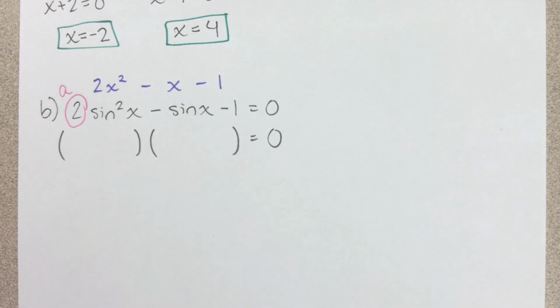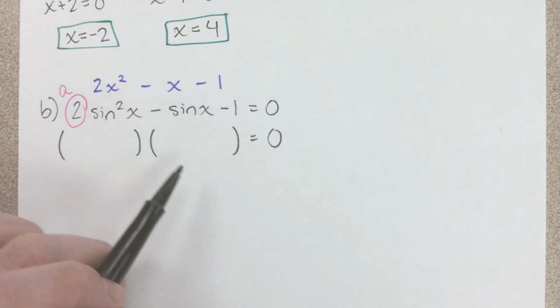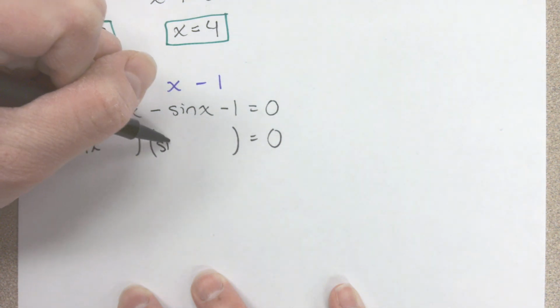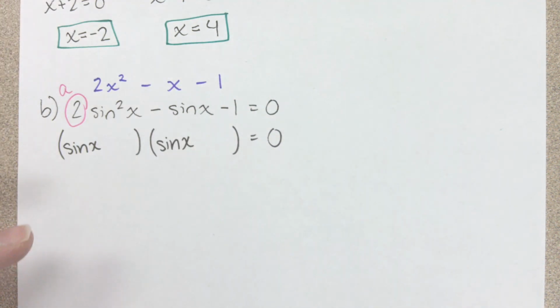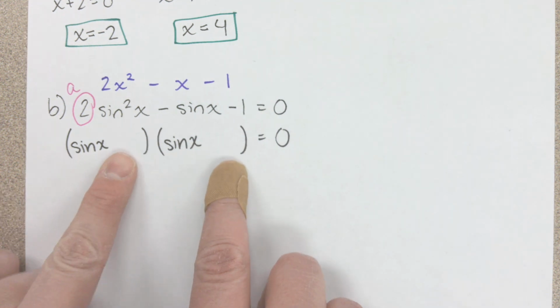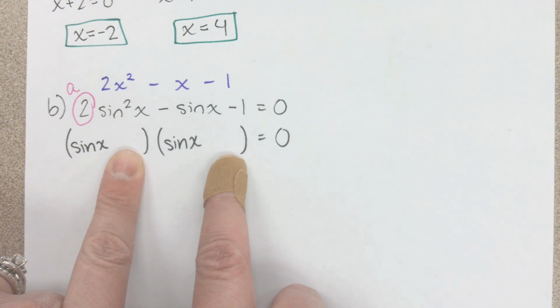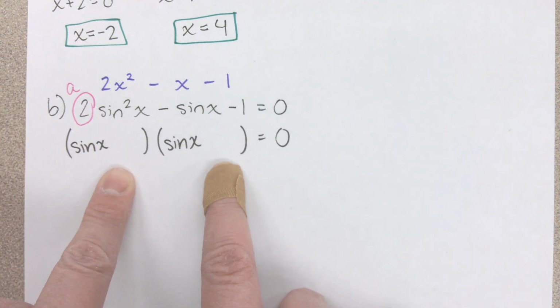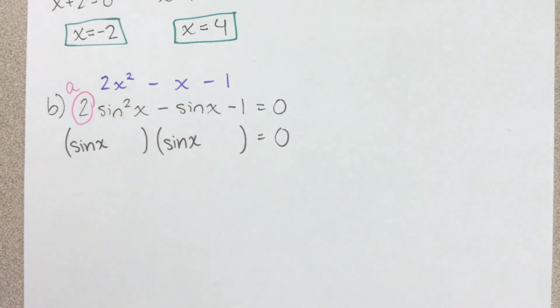So instead of x's, we're going to have sines in the front of both of these. And if you remember slide and divide, you'll know that after you get these two numbers here, whatever they turn out to be, you then divide both of those by that 2, and then you perform slide and divide with that.